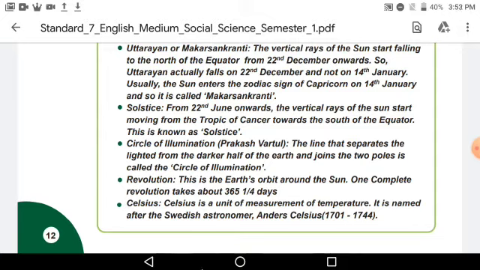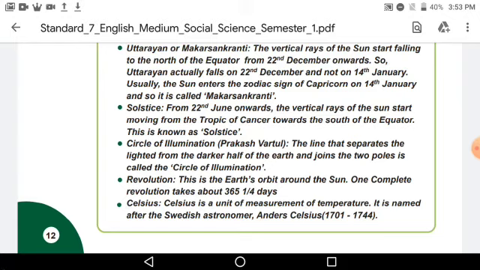So what we do is we consider only 365 days, and the remaining 6 hours are carried over to the next year. So after 4 years, 24 hours will be counted, right? The concept of leap year. So after 4 years, we consider those 6 hours as one day.